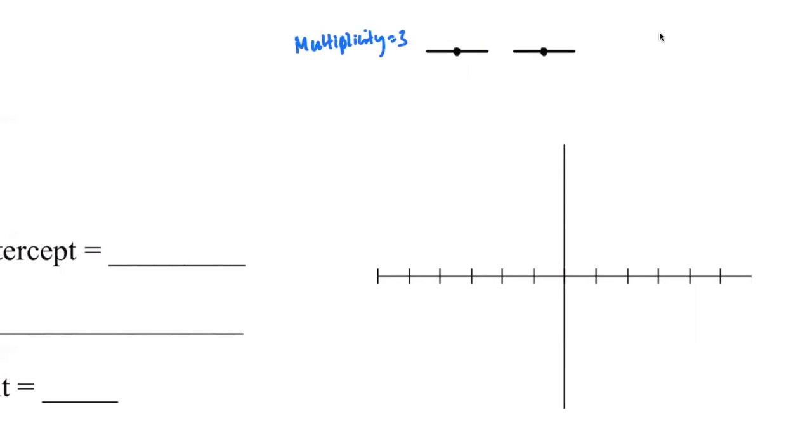So the graph could be like this, or could be like this, exhibiting this kind of S-shaped turn as it approaches the root.